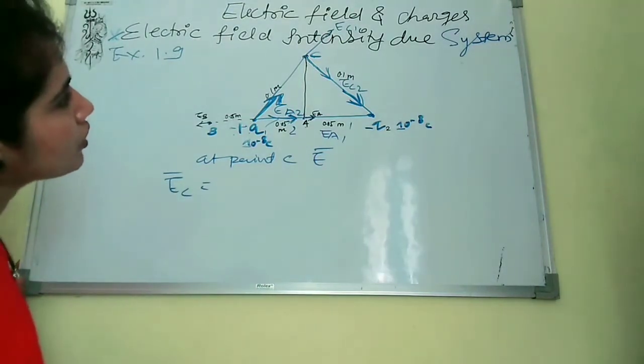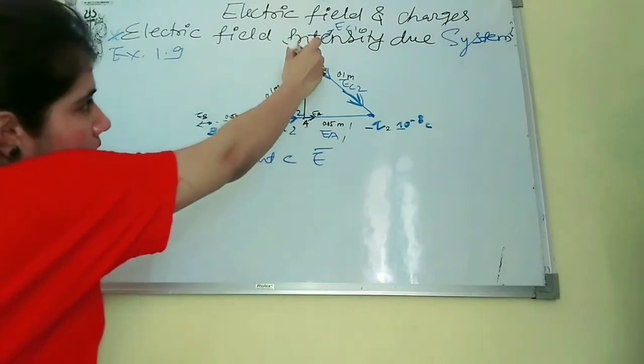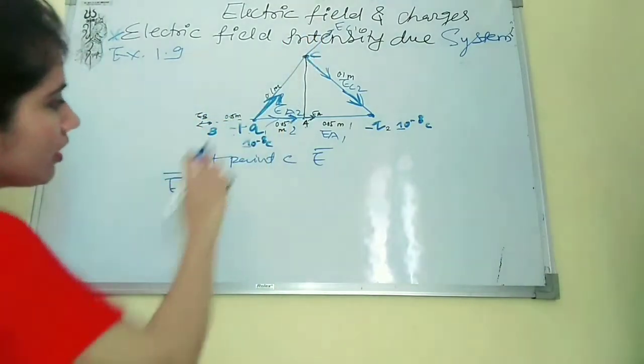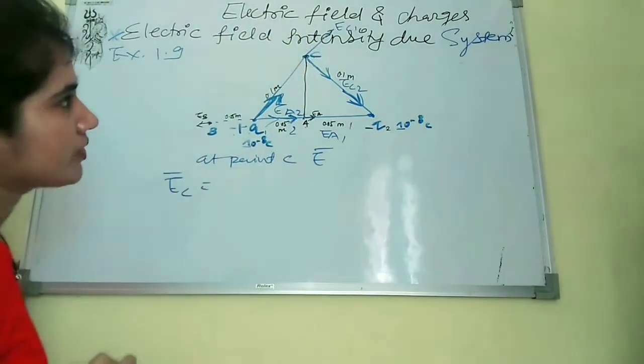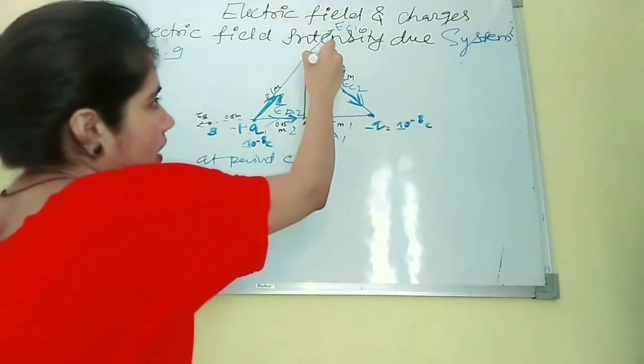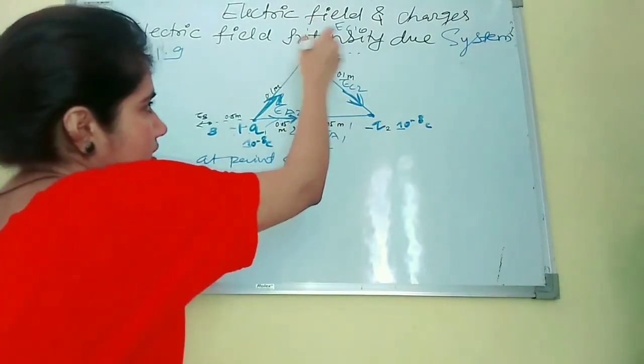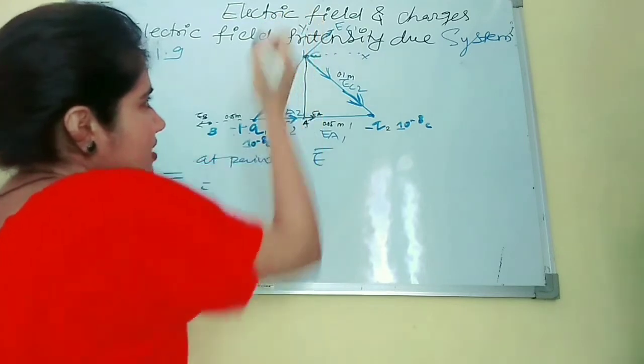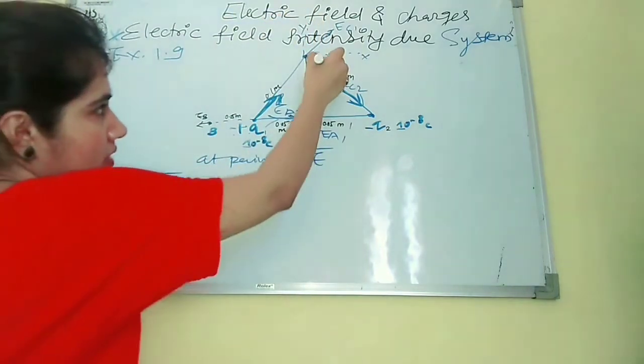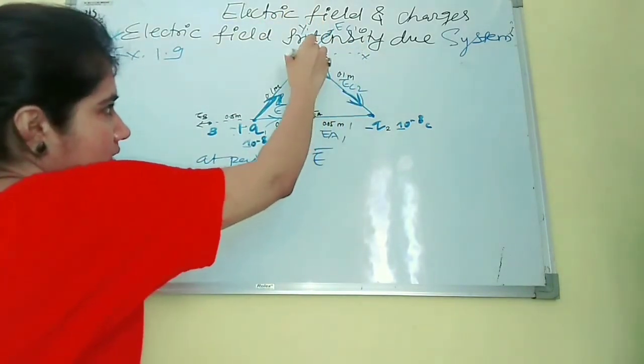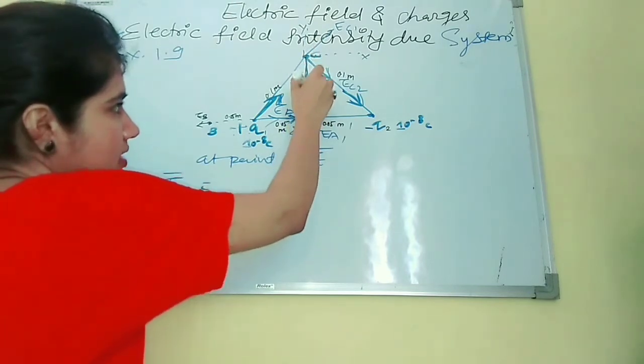Okay, so at this point we should find the electric field intensity. So simply we will take the components. This is the x-axis, this is the y-axis, and for this one this is the x-axis and this is the y-axis.